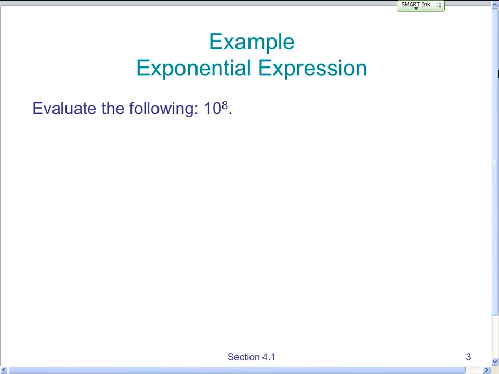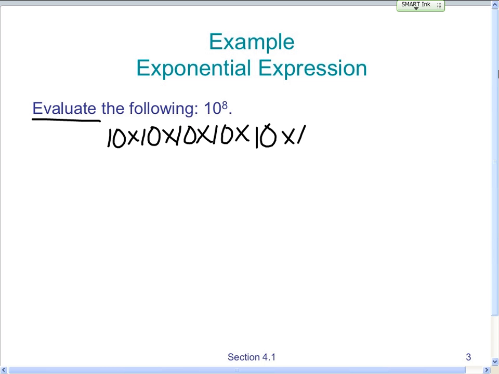So let's say, for example, we have 10 to the 8th power. We want to evaluate it. What that means is to come up with an actual answer at the end. So 10 to the 8th means 10 times 10 times 10. We need to do that 8 times. So far I have 3. I've got another one, 4, 5, 6, 7, 8.